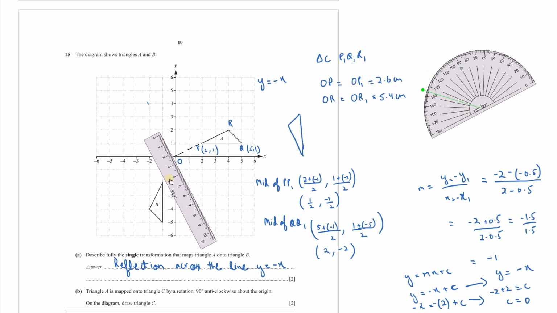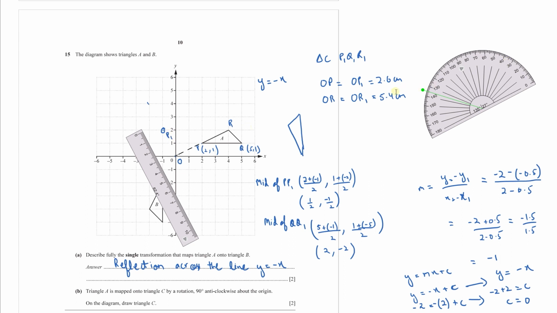So let me place my ruler here at 2.6 centimeters. So 0 is at this point. At this point, on the x-axis it's 1, and on the y-axis it's 2. This point P1 will be mapped here, and the distance is exactly 2.6 centimeters from the center of rotation. So let me mark this point here as P1.